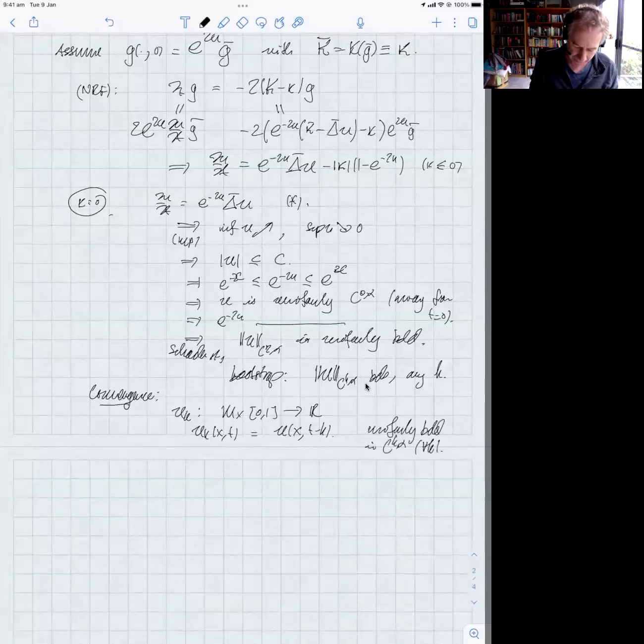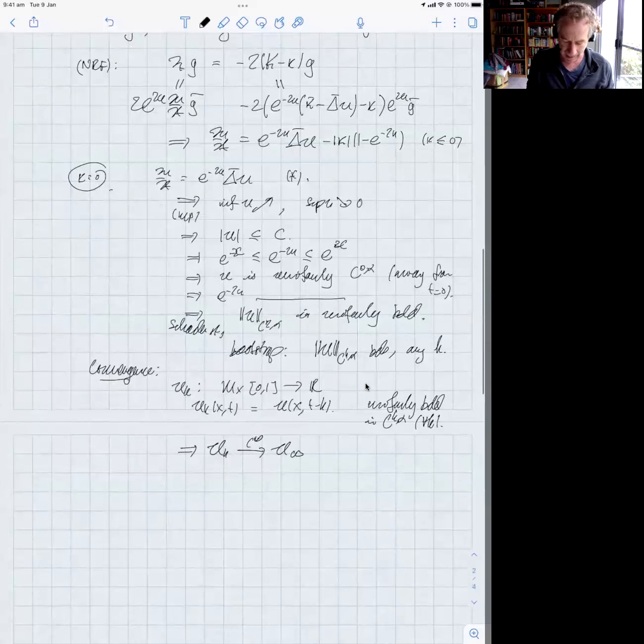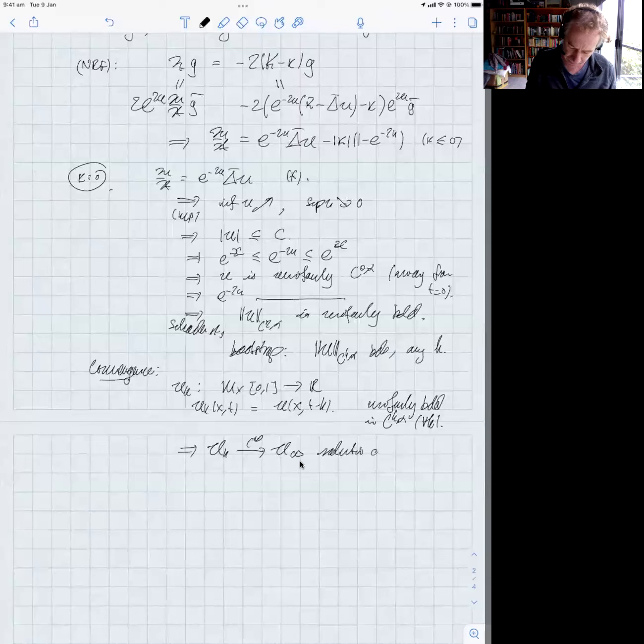Okay, so that means just by Arzelà-Ascoli, I can find a convergent subsequence. So u_k will converge in C infinity to some limit u infinity, and all of the u_k are solutions of this equation star. So u infinity is also a solution of star on M cross (0,1).